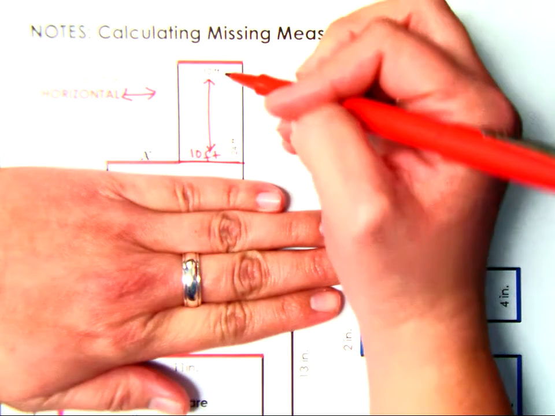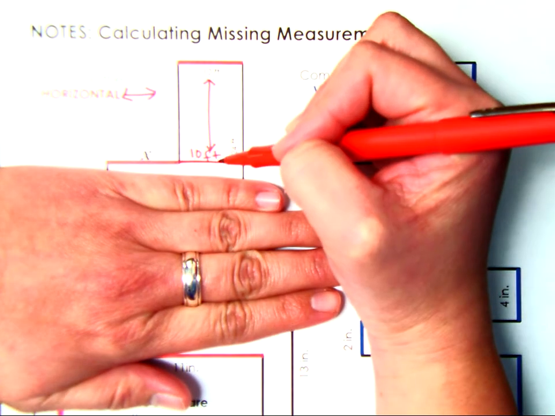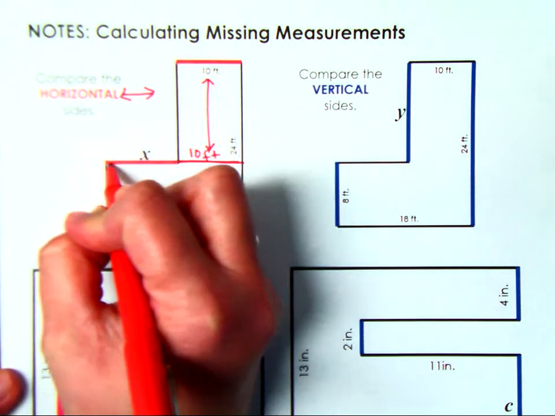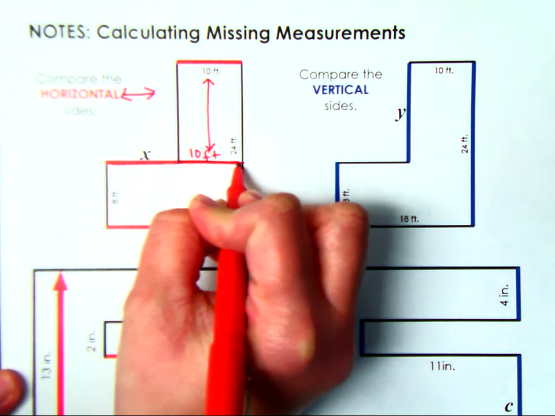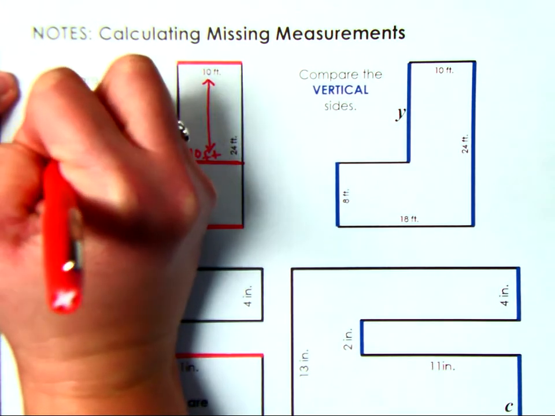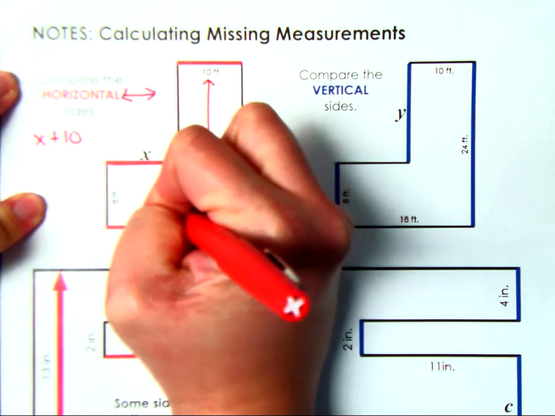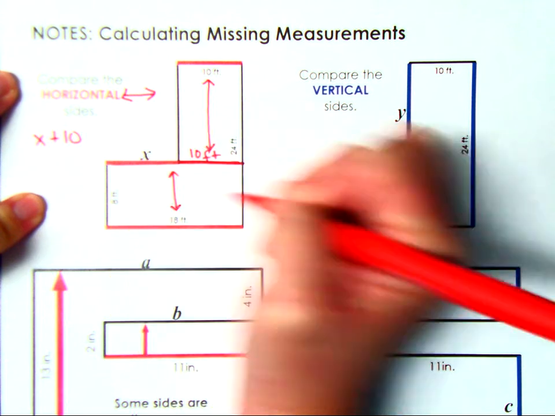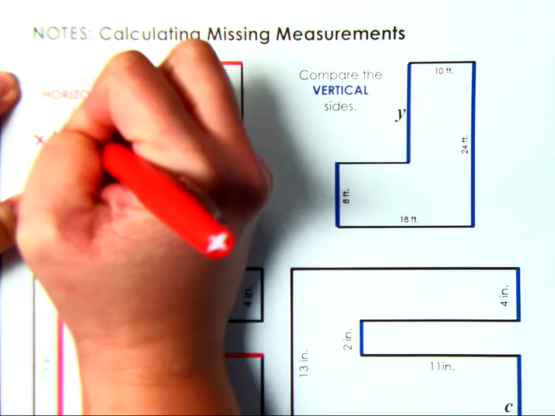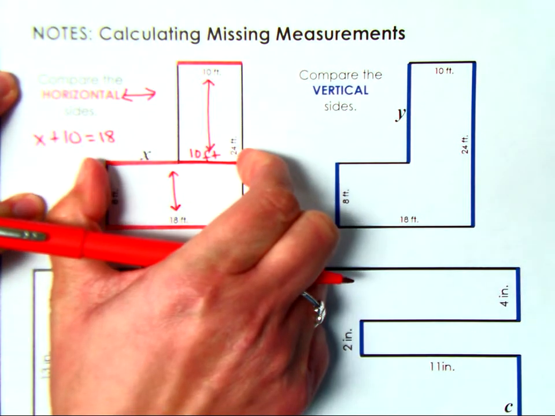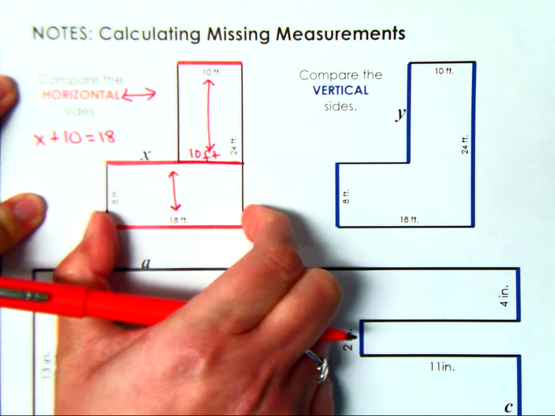Well, in a rectangle, your parallel sides are opposite and congruent. So if this is 10 feet, this is 10 feet. And you can see that this red line that I've made is x plus that 10 feet. That's parallel and congruent to this opposite side of this rectangle down here, which is 18 feet. So this total distance is 18 because its opposite side is parallel and congruent.